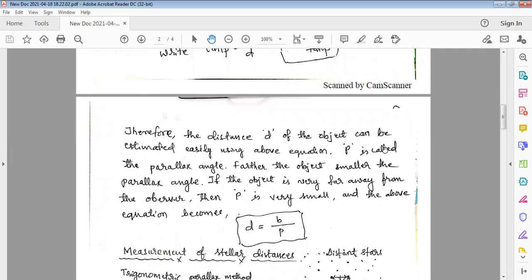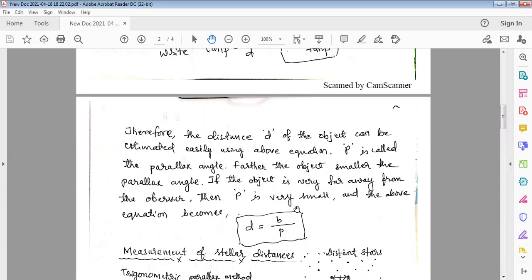This P is called the parallax angle. Farther the object, smaller the parallax angle. If the object is very far away from the observer, then this P is very small.